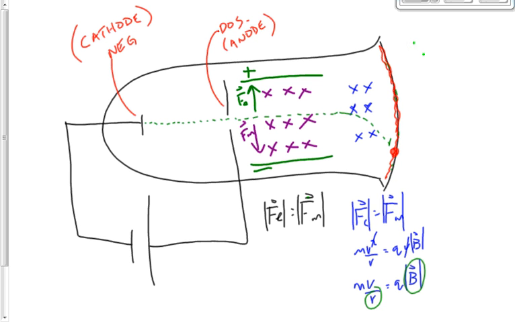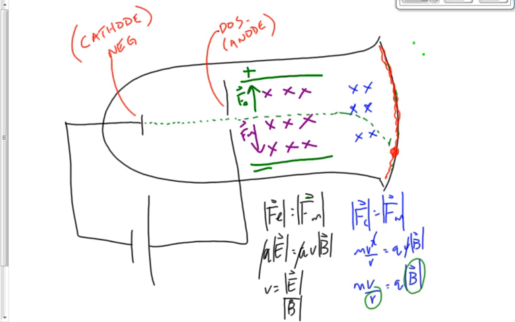But for certain particles that are going just the right speed, not too fast, not too slow, those two forces will balance. The electric force is qE, the magnetic force is qvB. The q's cancel, and lo and behold, the speed of these particles is the electric field over the magnetic field.